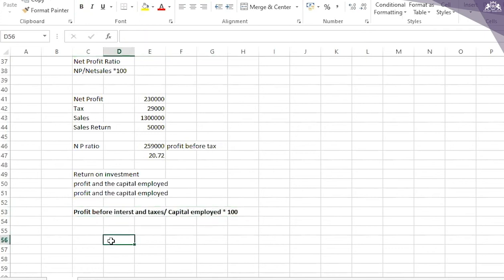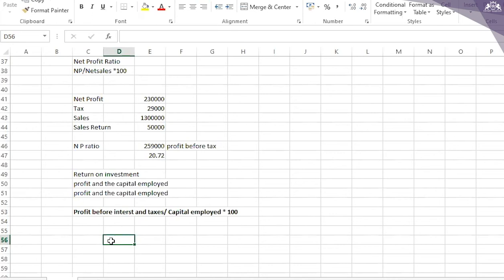Profit before interest and taxes divided by capital employed into 100. It shows that if I invest capital of this amount, what is the return I am getting on my capital employed.